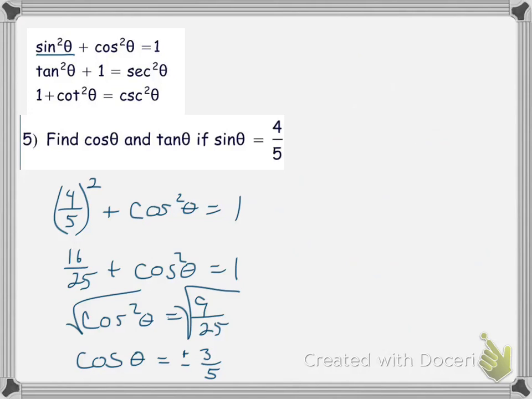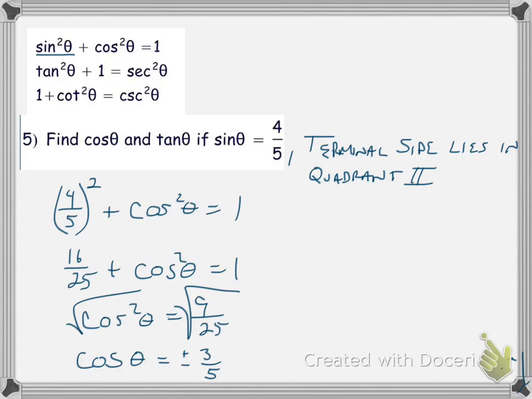Okay, and I didn't write this second part, but the second part says where the terminal side lies in quadrant 2. Well, which one of these would lie in quadrant 2 is when the cosine is negative, so that means that cosine of theta is going to equal negative 3/5.